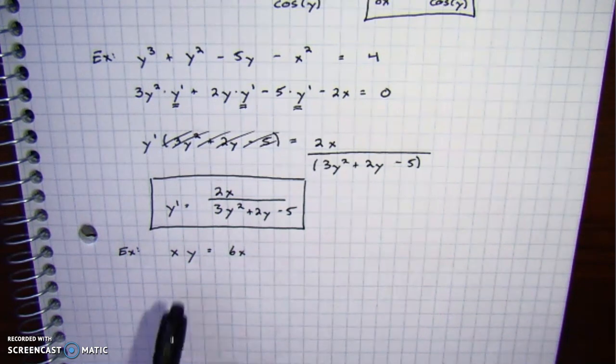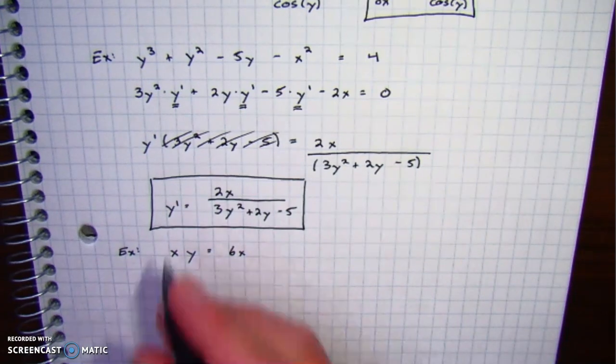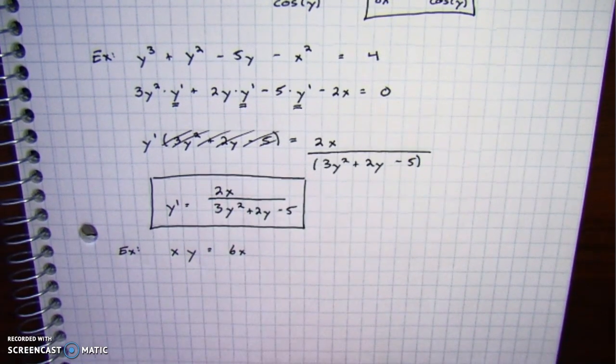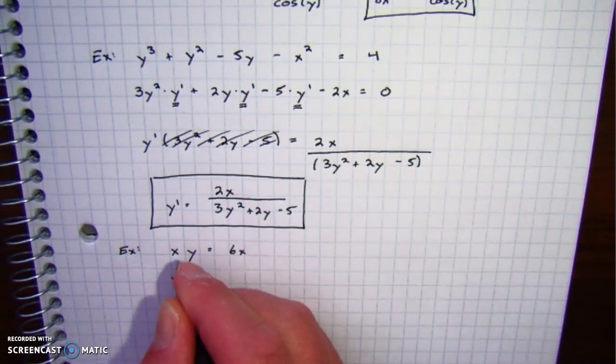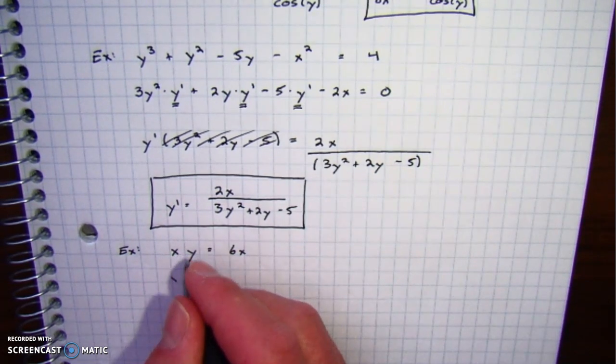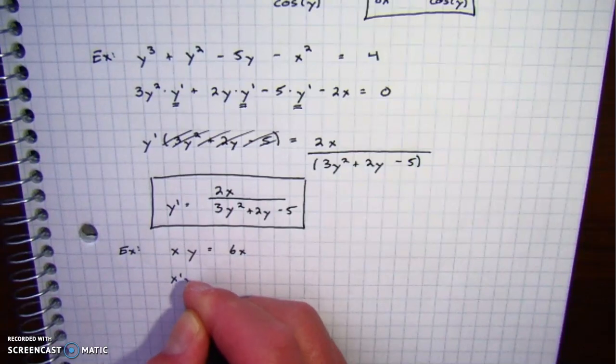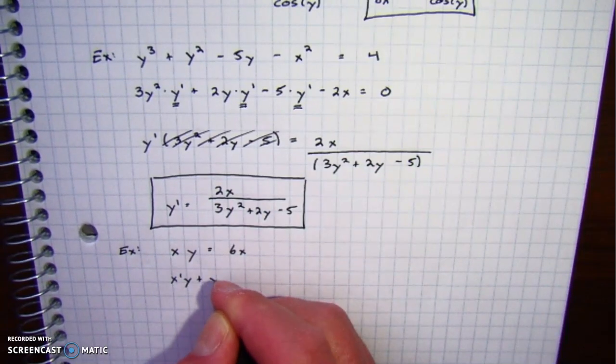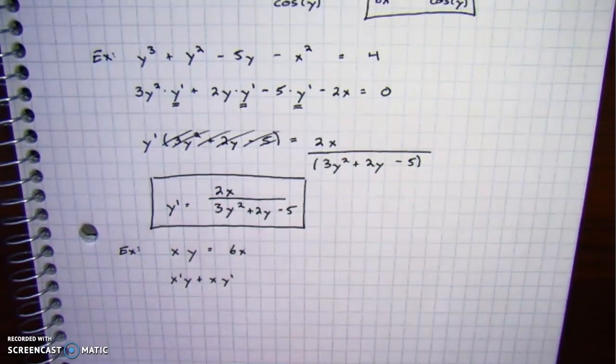If I have something like this, I'm multiplying the two together, but fear not, we have the product rule. So the product rule says, if I'm multiplying two things, I'm going to take x prime times y plus x times y prime. Okay, so not too bad.